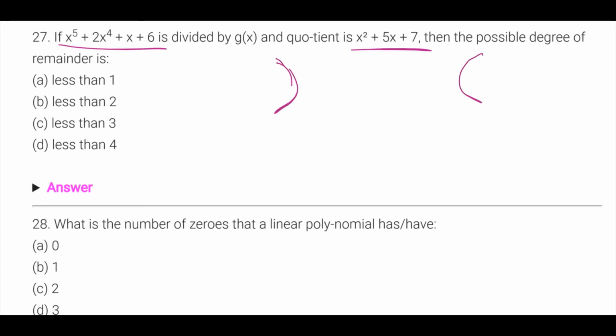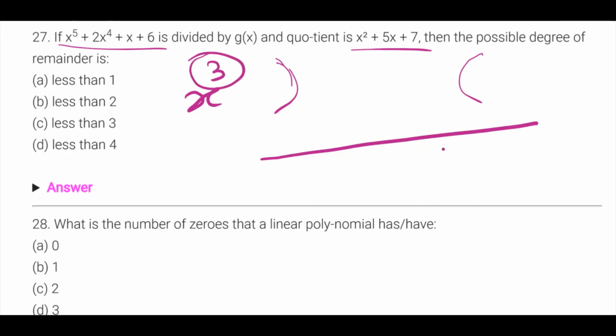In the previous question, we assumed that the divisor will be of degree x power 3. Whatever remainder we get here should have degree less than 3. It can be quadratic, linear or constant, but it should be less than 3.